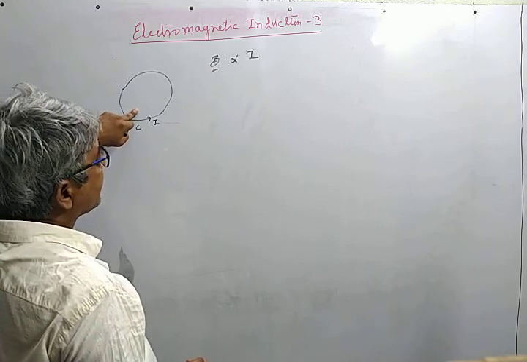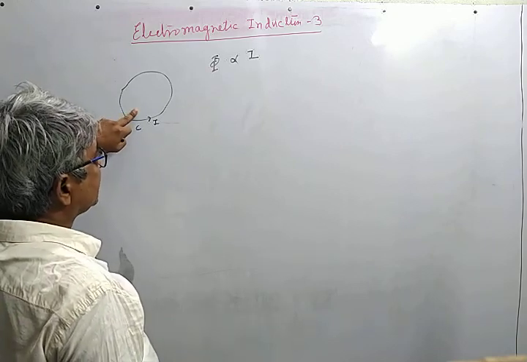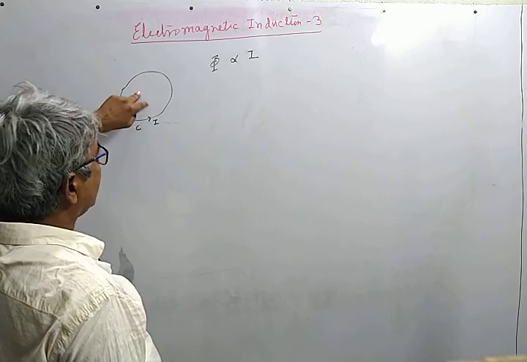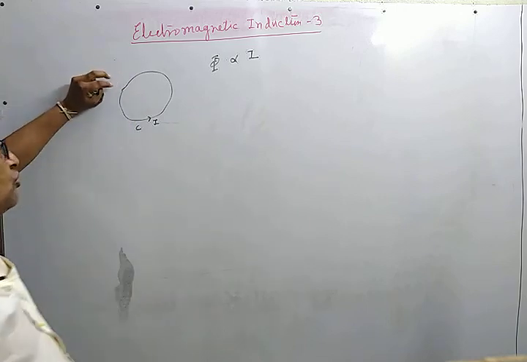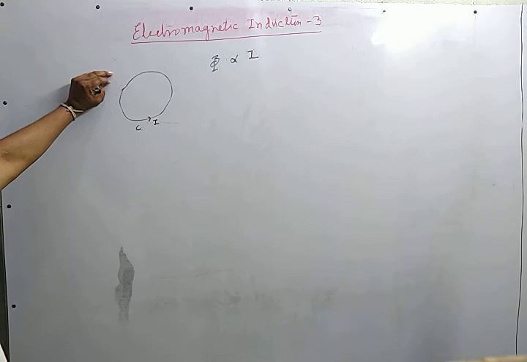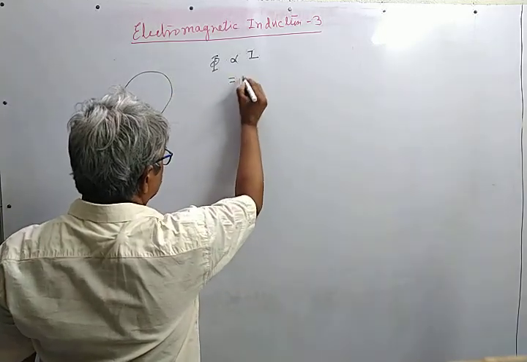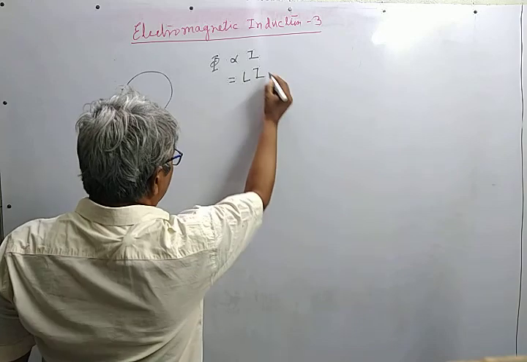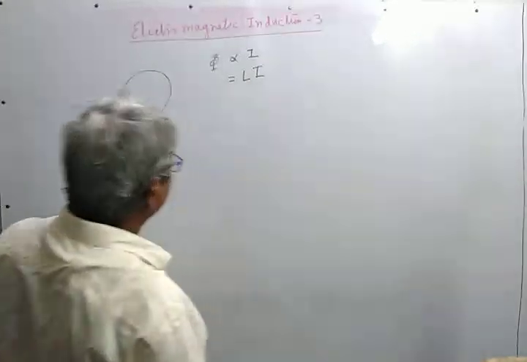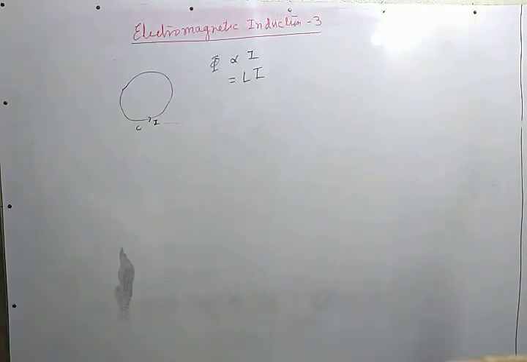And since the flux linked with it is B times area, if we consider the ring to be a rigid one, that is whose shape does not change with time, then the flux is linked with the magnetic field, and we call it this. Where L is the constant of proportionality, we call it the coefficient of self-inductance, or simply the self-inductance.